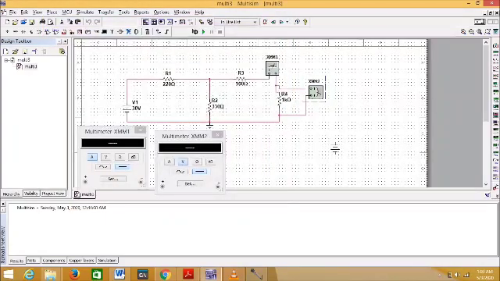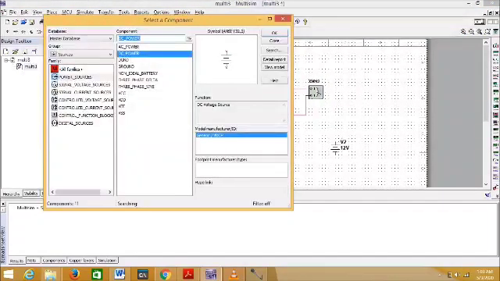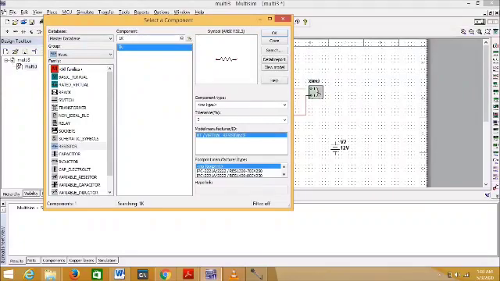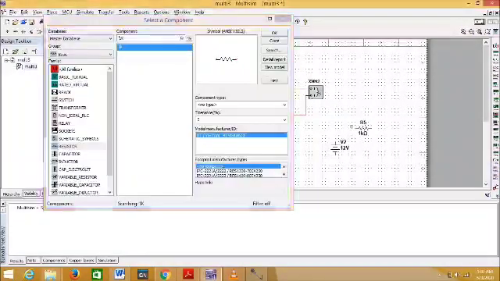DC power source. Okay, so I need two resistors. So what should I do? I should select basic, then Thevenin equivalent.